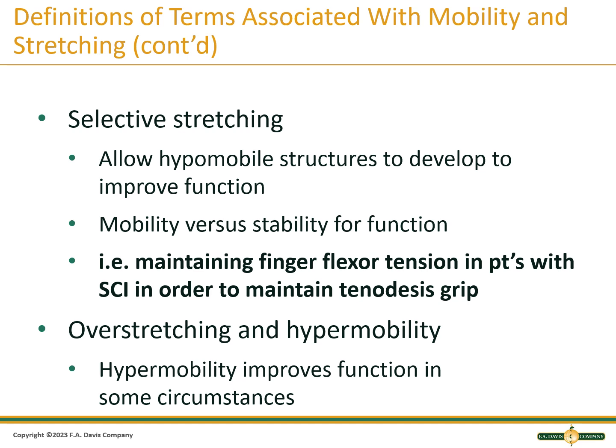One of our primary examples is going to be maintaining the finger flexor tension in patients with spinal cord injuries in order to maintain a tenodesis grip. So if you'll remember in kinesiology, we talked about how the finger flexors also cross the wrist, and so patients following spinal cord injury who don't have active finger flexion, so above C8, but they do have active wrist extension at C6, can utilize that active wrist extension to cause curling of the fingers to develop a grasp, and that can only be maintained if we have tension in the finger flexors.